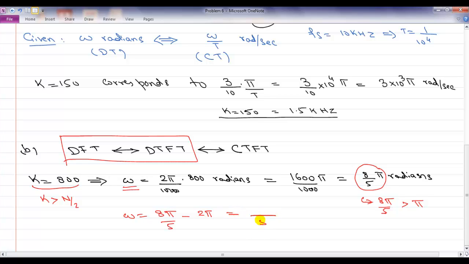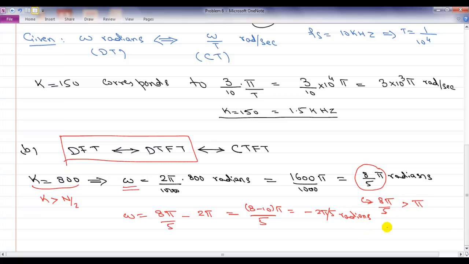Okay, which is 8 minus 10 over 5, minus 2π by 5 radians. Okay. So now we are in the minus π to π range.